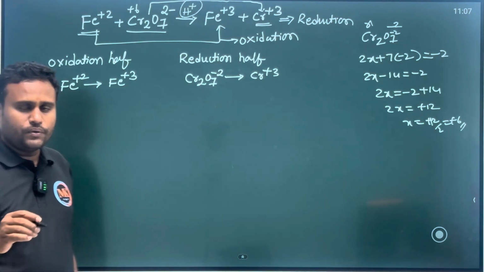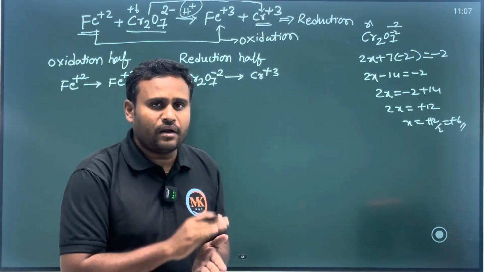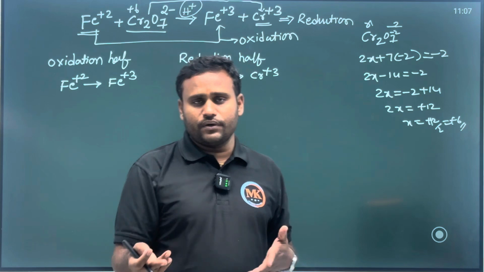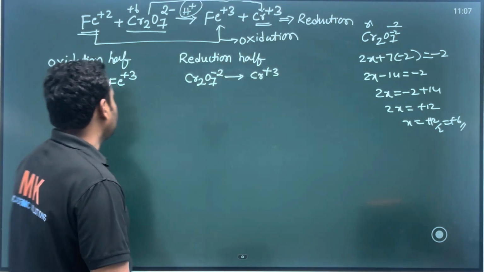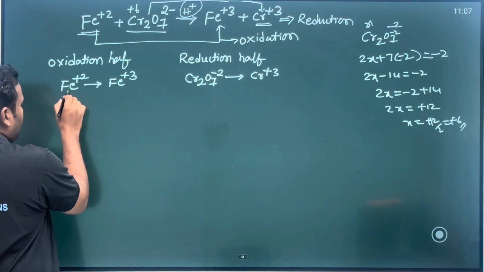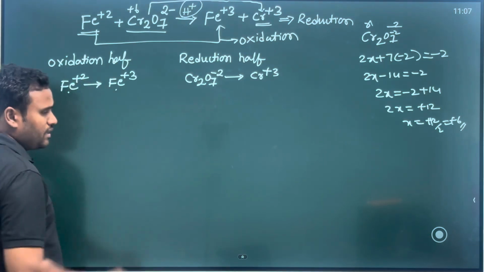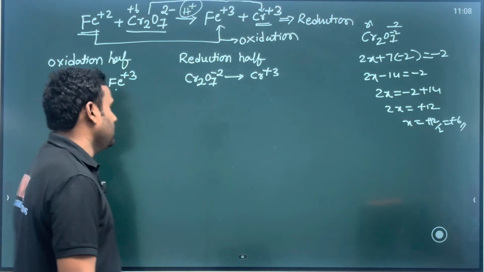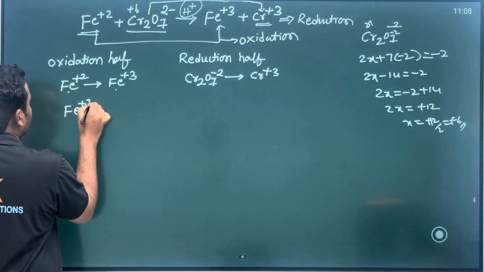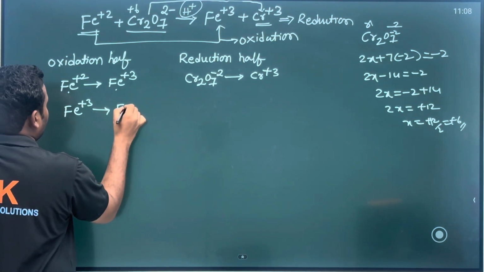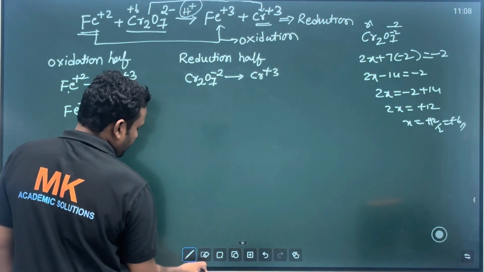Now what we need to do? Balance other than oxygen and hydrogen. What we need to do, children? Balance other than oxygen and hydrogen. Here only one iron atom is there, here also one iron atom is there, so no need to balance. Fe plus 2 to Fe plus 3.